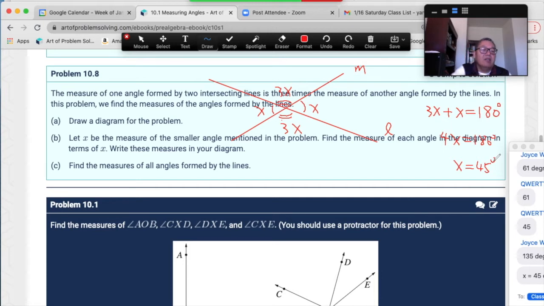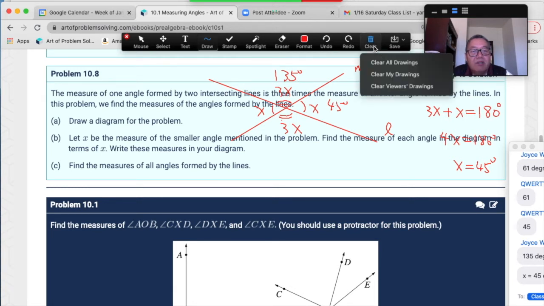Okay, correct. Then this 3x, the bigger angle, equals 135 degrees. So Eric is correct, Joyce is correct. The smaller angle is 45 degrees, the larger angle is 135 degrees.